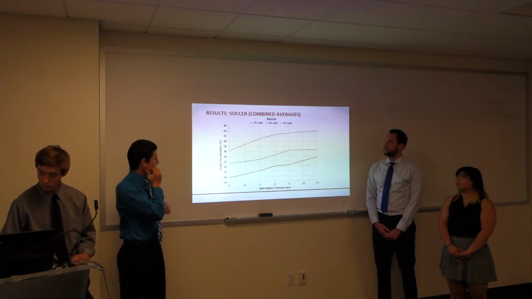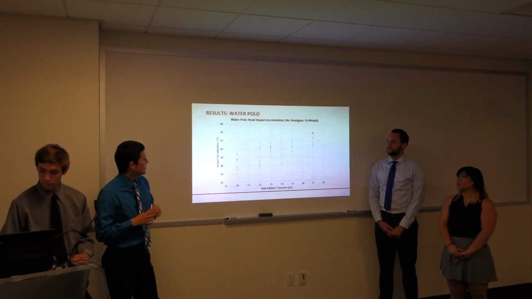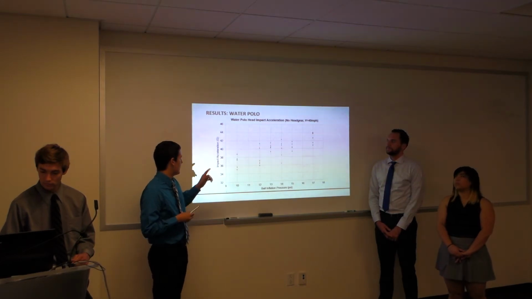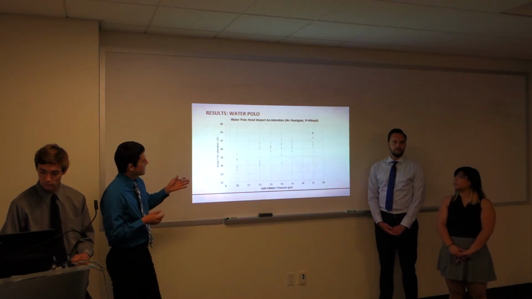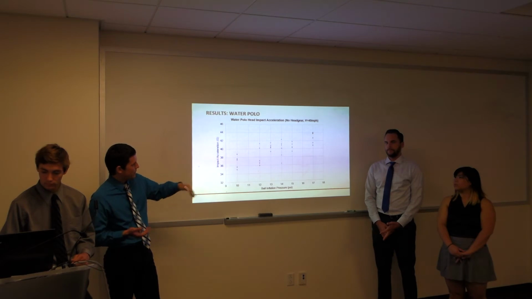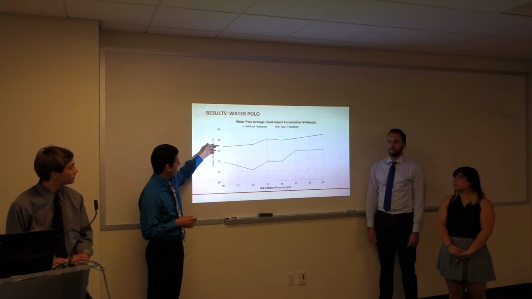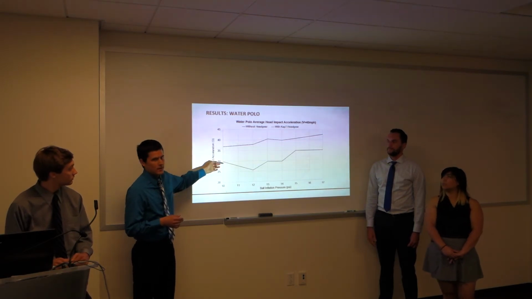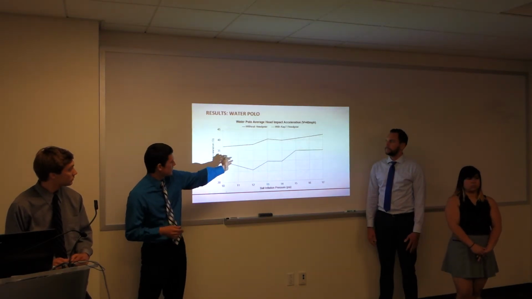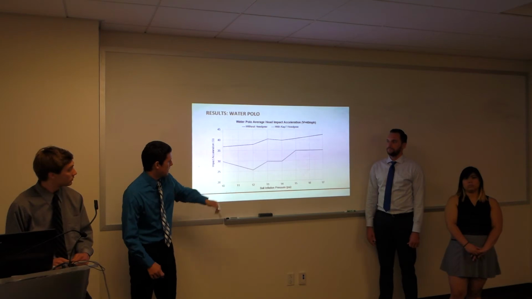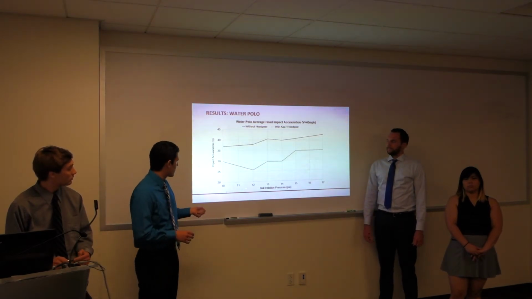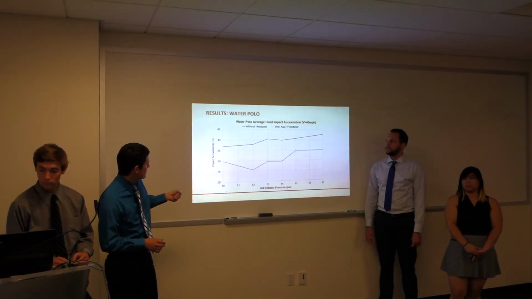And then for water polo, this is, again, without headgear, and this is at 40 miles an hour, and you can see kind of the same thing. And when we graph it, it looks something like that. So this is the one we just saw, but then this is with the headgear on. So you can see there's a linear trend upward for both of them. This one kind of dips a bit, but with this one, there's a huge decrease right here.